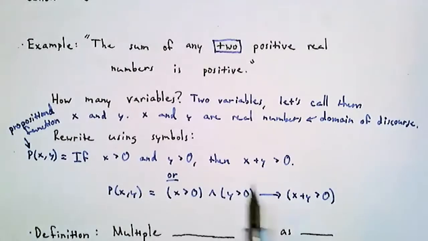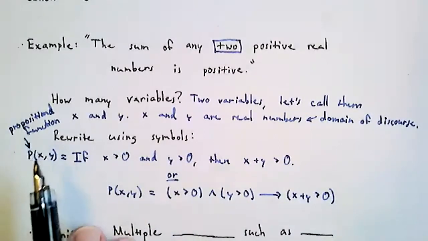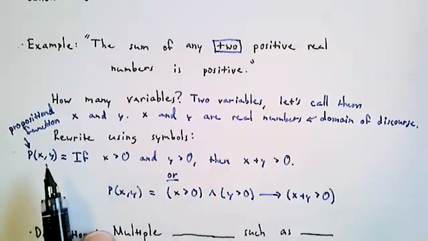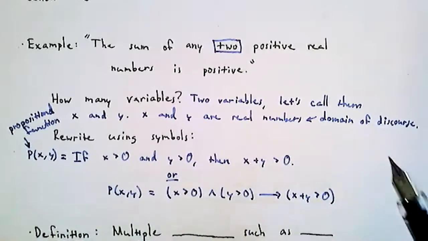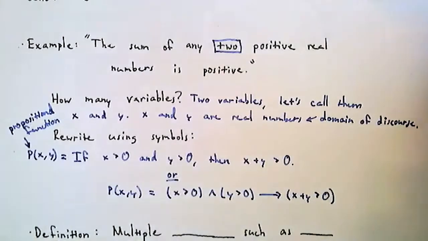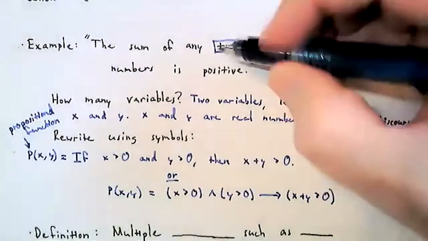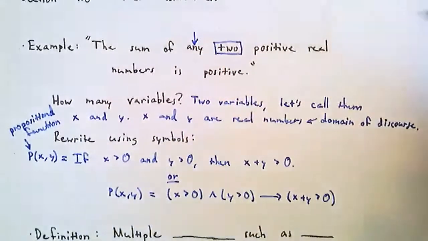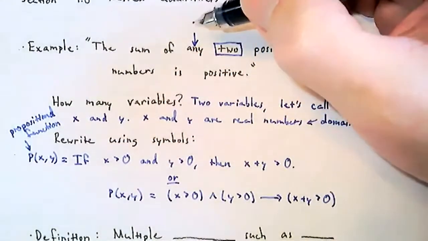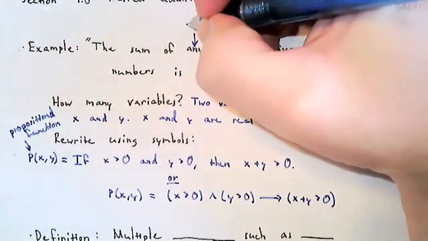Okay, so I have the names of my variables. I've worked out what my propositional function is going to be with two variables. I know the domain of discourse. The only thing left now is to deal with this word, any. So this is going to be our keyword for the quantifiers.